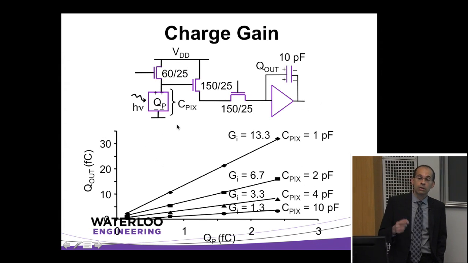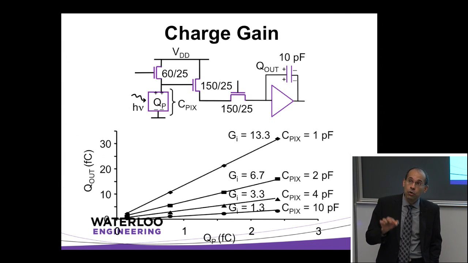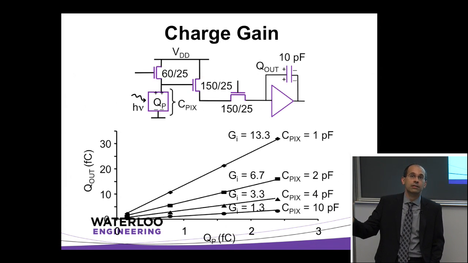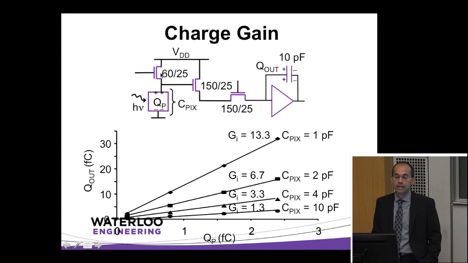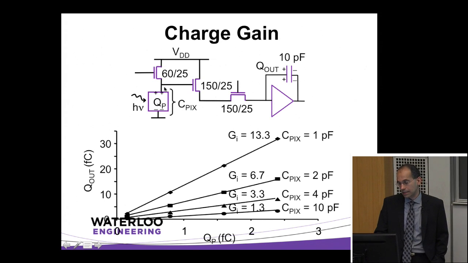Interestingly enough, the lower the pixel capacitance, the lower the electronic noise, the stochastic random electronic noise of the pixel as well, because the key component to noise is reset noise. It's basically the switching noise of this reset transistor. That's what gets sampled on this capacitor right here. So this was a very interesting insight.